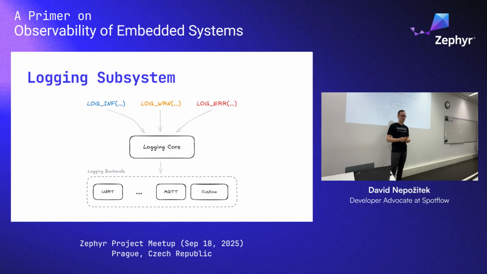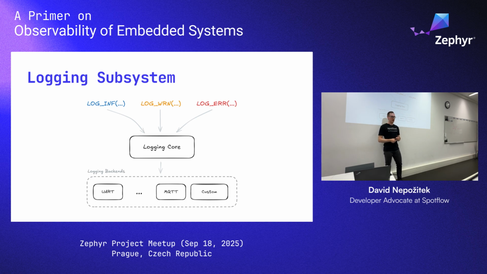there are some built-in logging backends like UART, RTT, MQTT, and you can also build your custom one if you, for example, wanted to send the logs via HTTP or something like that. And it is also nice for observability providers like us, like Spotflow, as we can just offer a logging backend to the users, and they can just plug it in, and it all works.